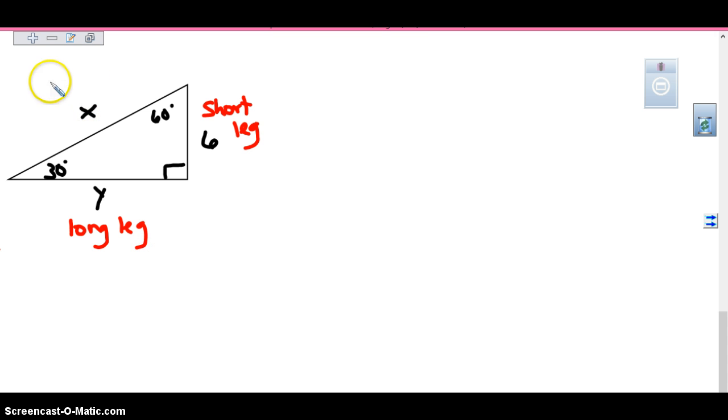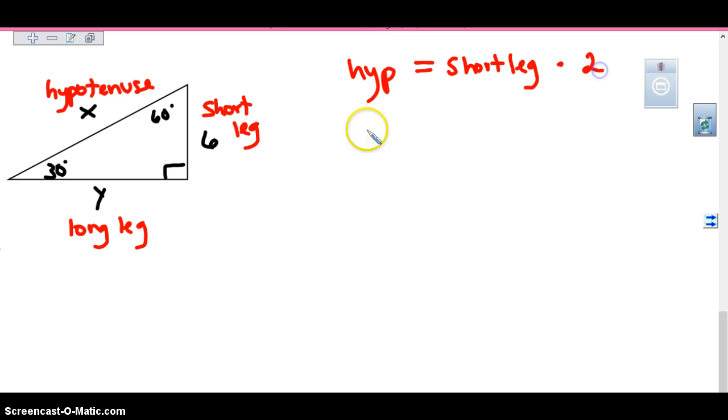What is x? Hypotenuse. So we know that the hypotenuse is equal to what? Short leg times 2. And we know that the long leg is equal to what? Short leg times square root of 3.